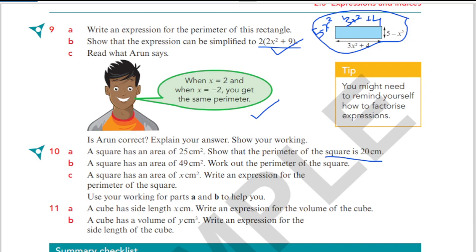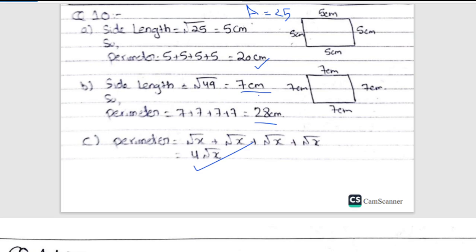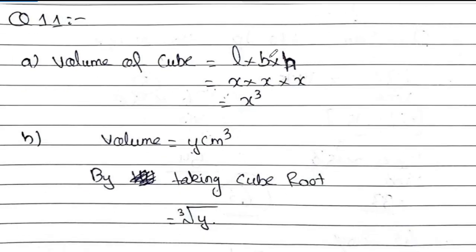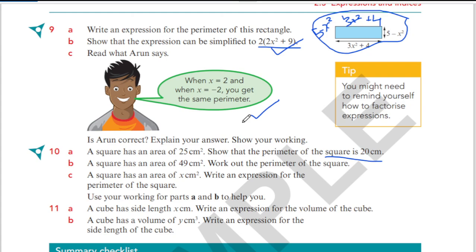In question number 11, they say a cube has side length x. It's a cube, okay? And you have to write an expression for the volume of the cube. So the volume of the cube formula is length multiplied by breadth multiplied by height. So its volume will be x into x into x, which is x cube. And a cube has a volume of y.